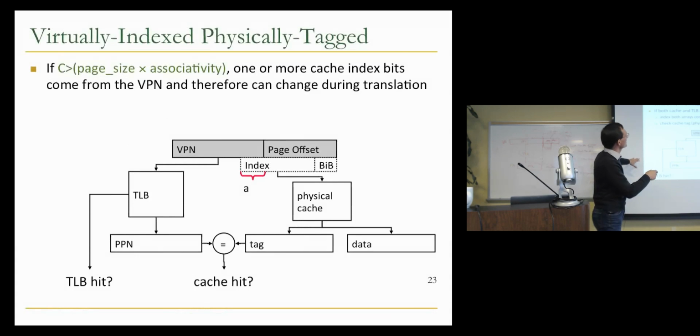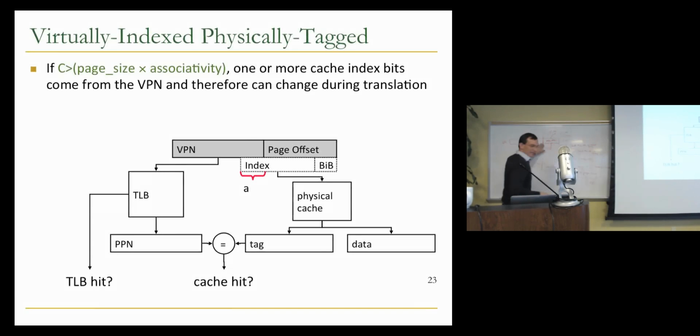If we don't want this limitation, what can we do? Well, increase the index bits such that they span the virtual page number. Now you can have more sets in your cache. Right? I guess I can erase this, because now you still have a virtually indexed physically tagged cache, but some of the index bits can now come from the virtual page number, not only the page offset.